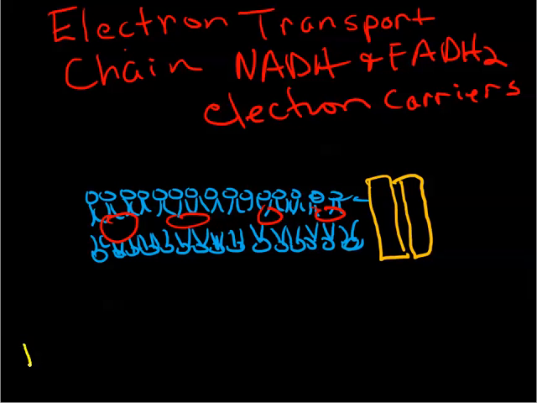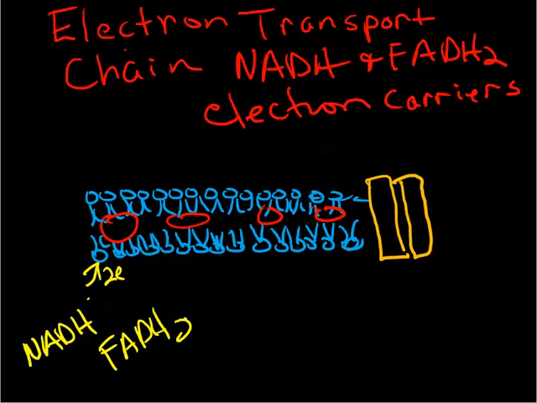So we have our NADH come up here, and what happens is that the electrons, two electrons, are transferred to here. Then we also have FADH2, and the same thing. The electrons are transported, but they're transported beyond the first protein, and there's a reason for that.